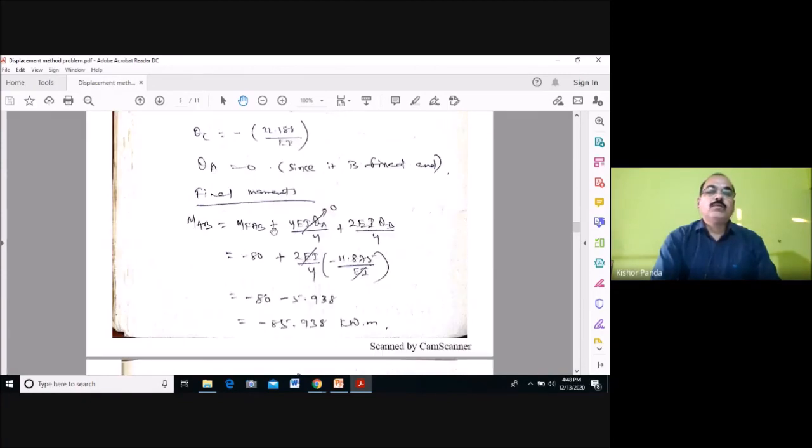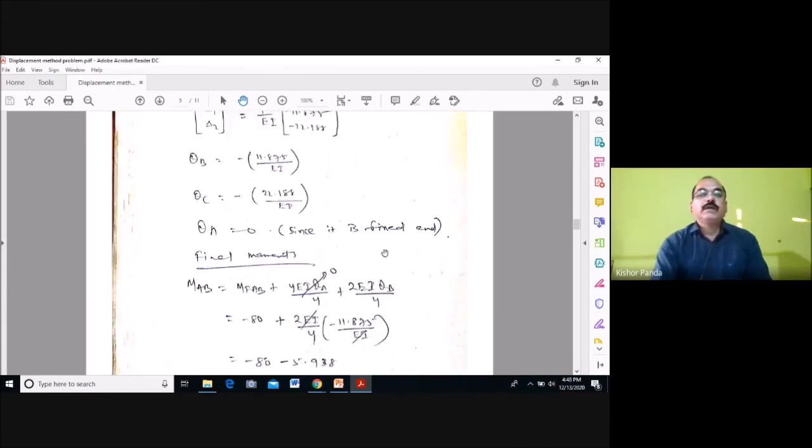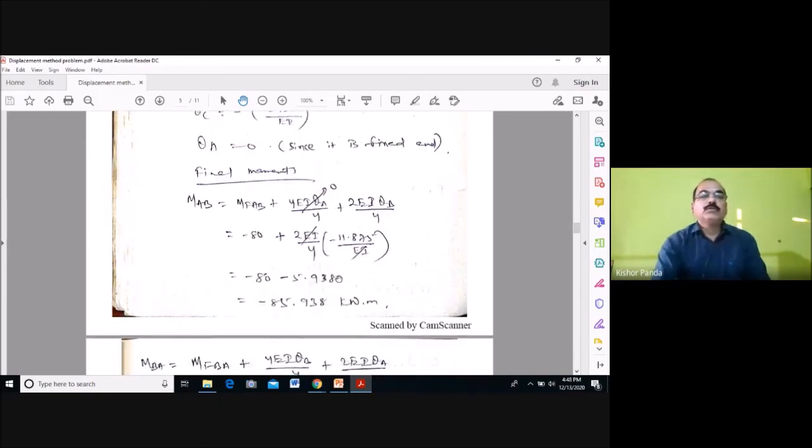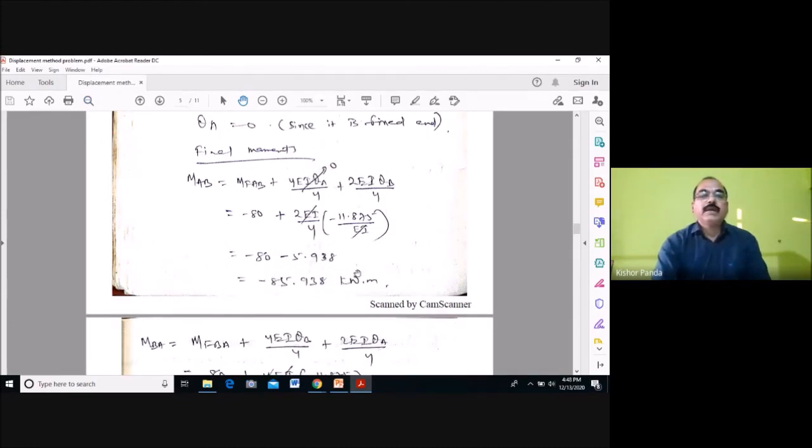Here you know the fixed moment AB, already you got it. Then this is minus 80, plus here you have to put theta A equal to 0, and theta B you got here, minus 11.875 by EI. So after putting this in, you got the final moment, minus 85.938 kilonewton meter.